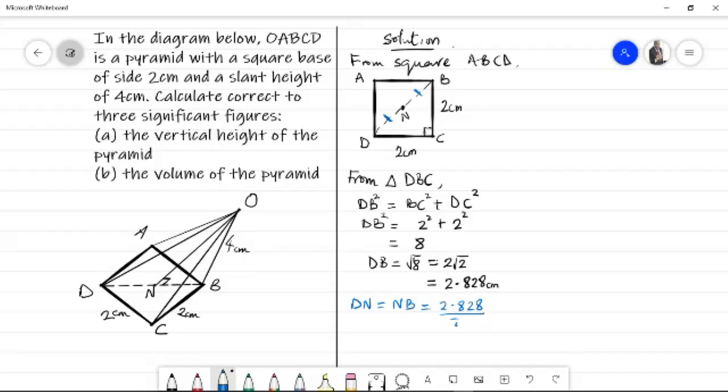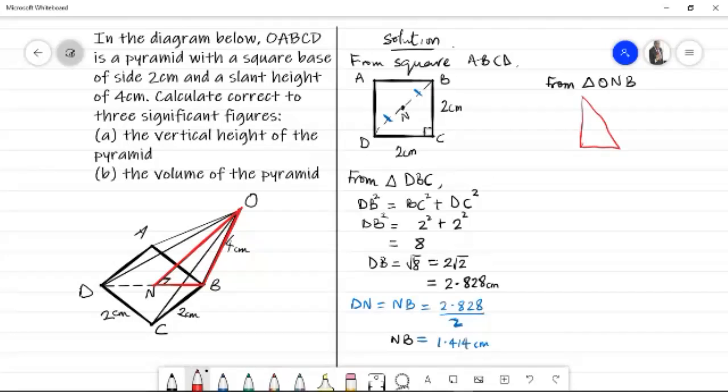That triangle inside the pyramid is triangle ONB, and if you look at it very well, it is a right-angled triangle. Quickly, I want to draw the triangle so that we can follow, where this is N, this is B, and this is O.